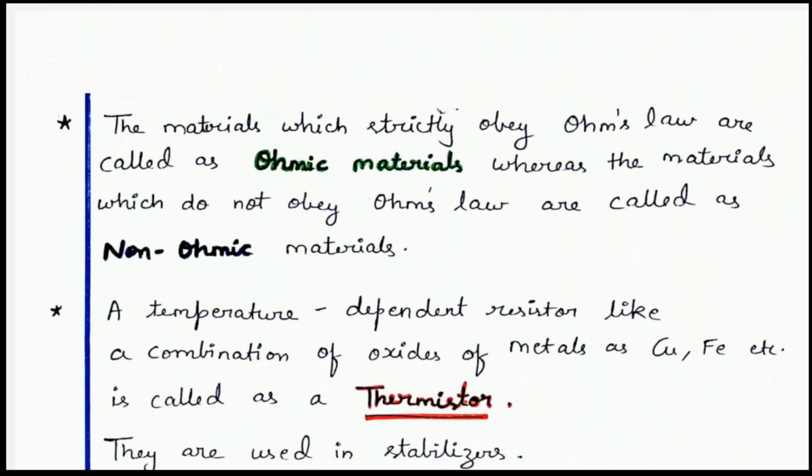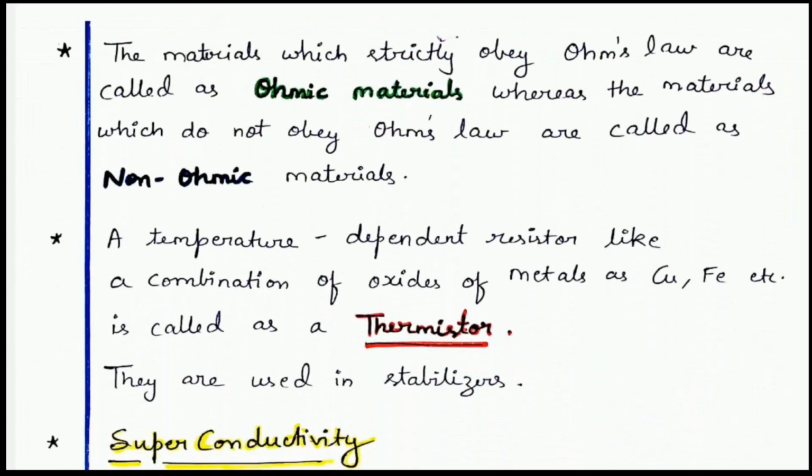Now let us proceed to ohmic materials and non-ohmic materials. The materials which strictly obey Ohm's law are called ohmic materials. For example, resistors, capacitors, etc. These are the materials which are going to obey Ohm's law.